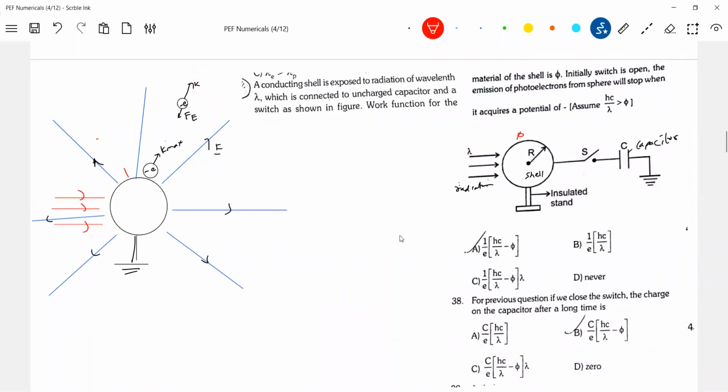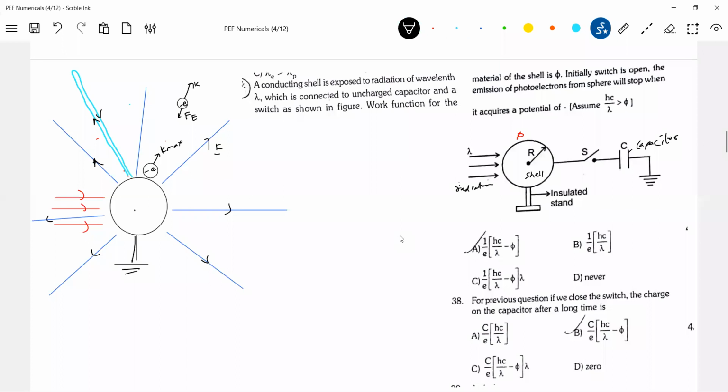Let me show one case. Before reaching infinity, it will come to rest and then return back.